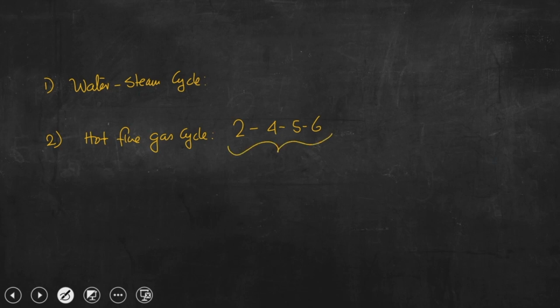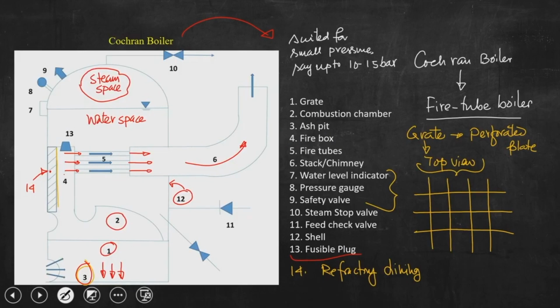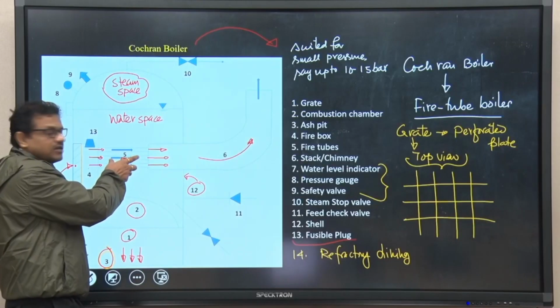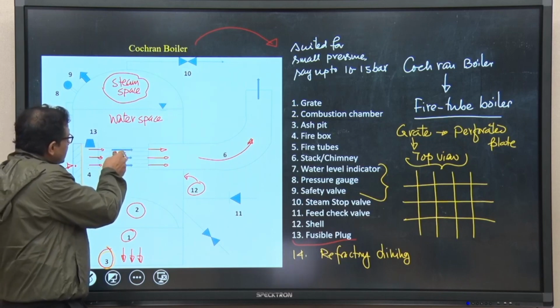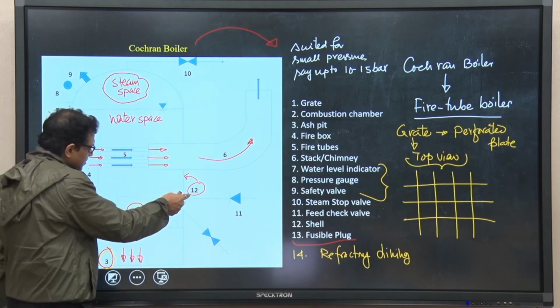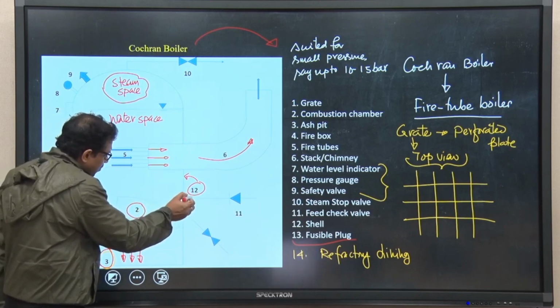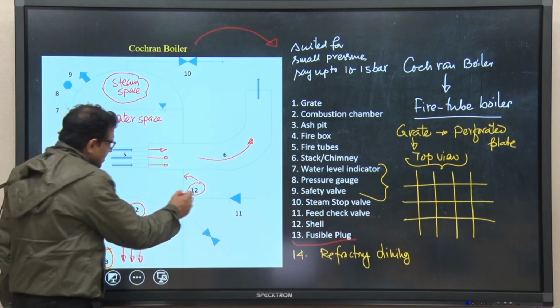What about the water-steam cycle? We have seen that this entire space is filled with water, and this water is coming from the feed water line.